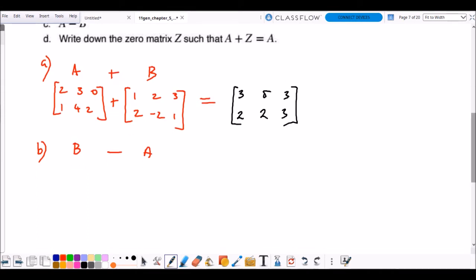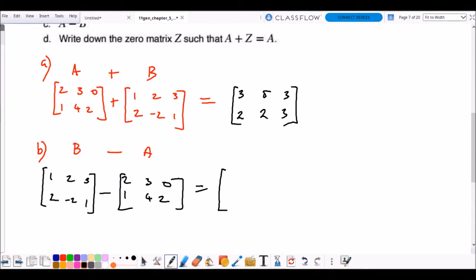That's matrix B, that's matrix A. So we're just going to go 1, 2, 3, and then 2, negative 2, 1, take away matrix A, which is 2, 3, 0, 1, 4, 2. Now you're just minusing them based on their location.